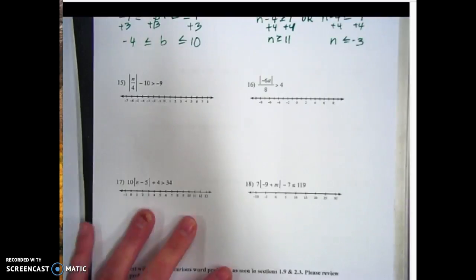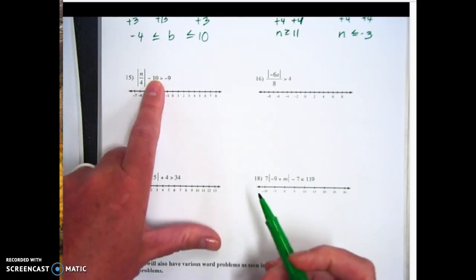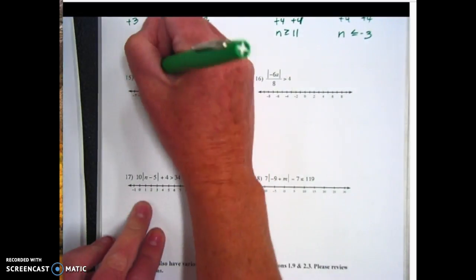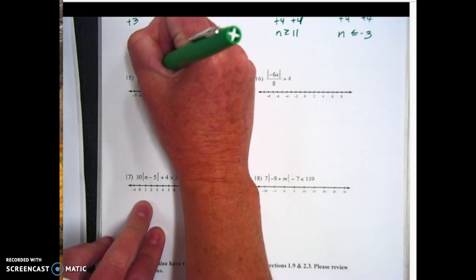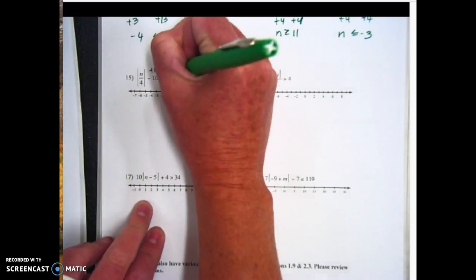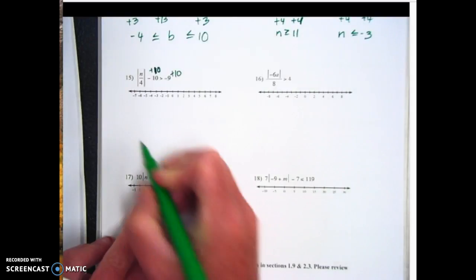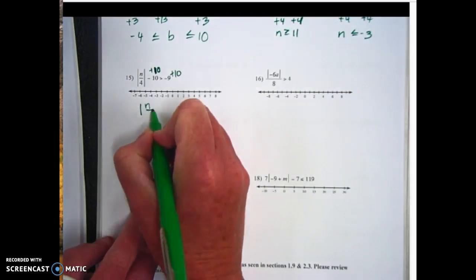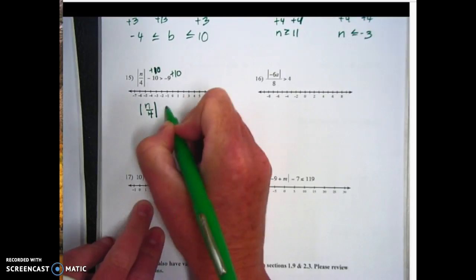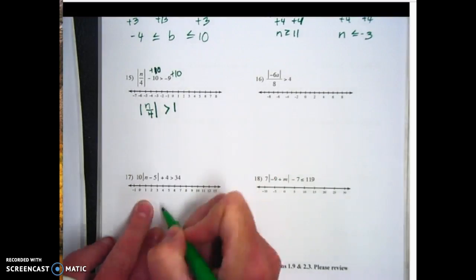All right, jumping down to number 15, we need to isolate the absolute value first. So we're going to add 10 to both sides. That leaves us with the absolute value of n over 4 greater than 1.